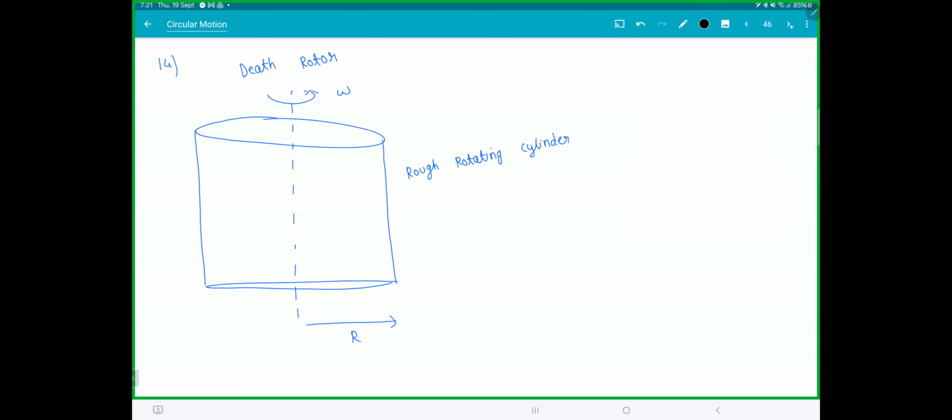So here you're going inside and you're standing inside here. Your mass is m and the friction is mu. So now what happens when the cylinder is rotating, you basically stick to the wall. And here below there's an open end, okay? There's nothing there to support you actually.